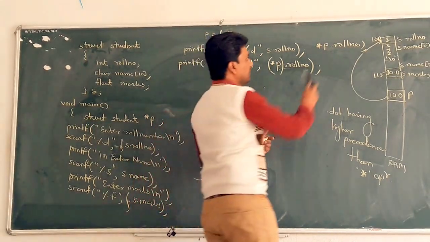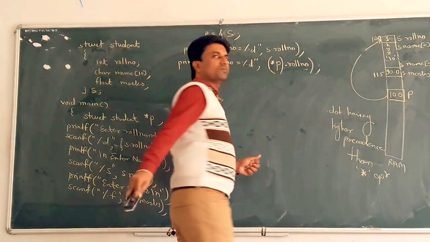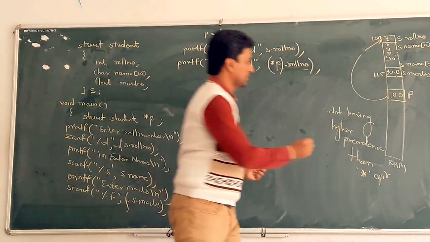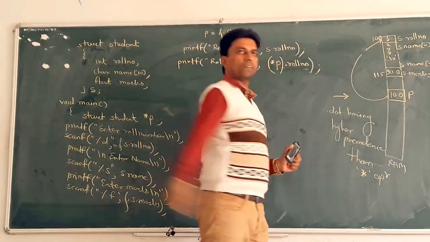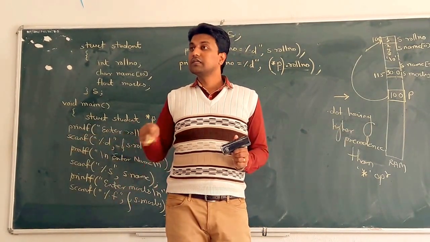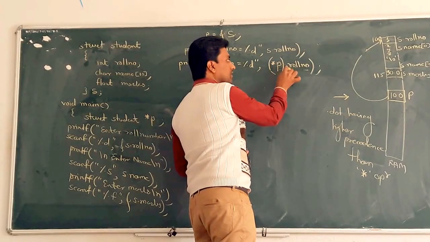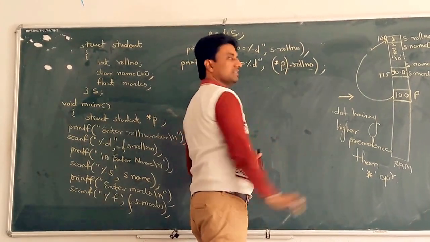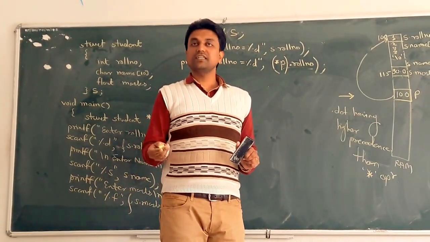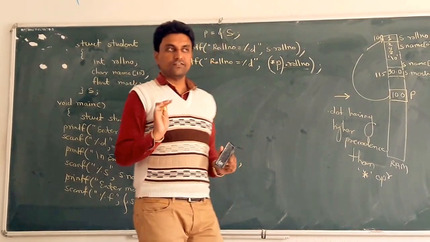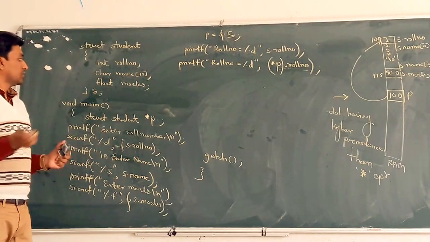For that purpose, the developer of C created a new operator called arrow. Understood? So instead of writing pointer, dot and parenthesis, what is the new operator for that? Arrow.